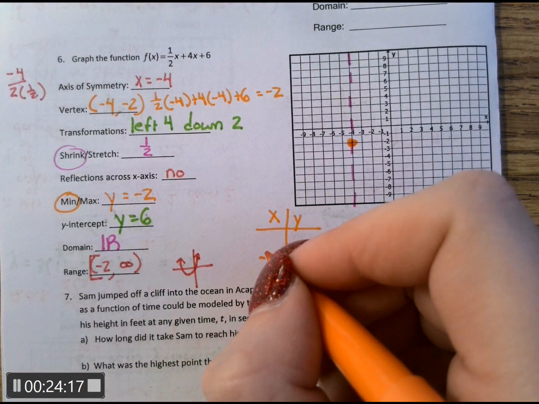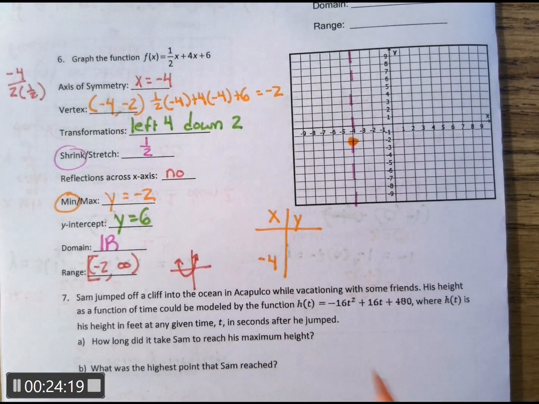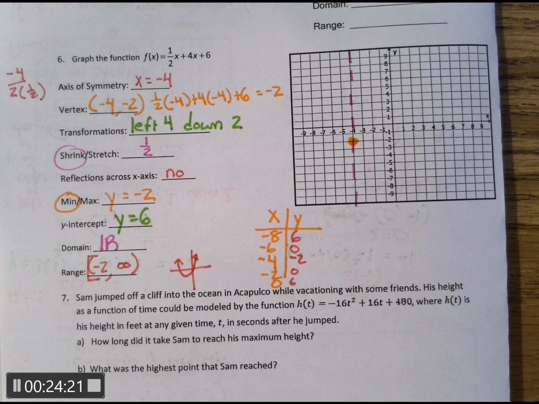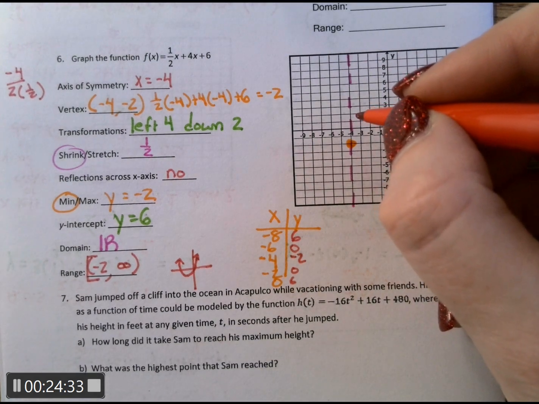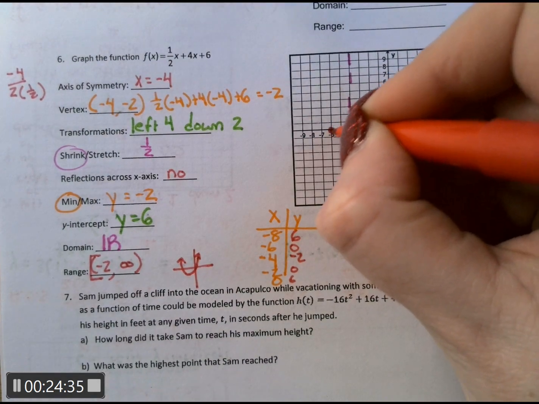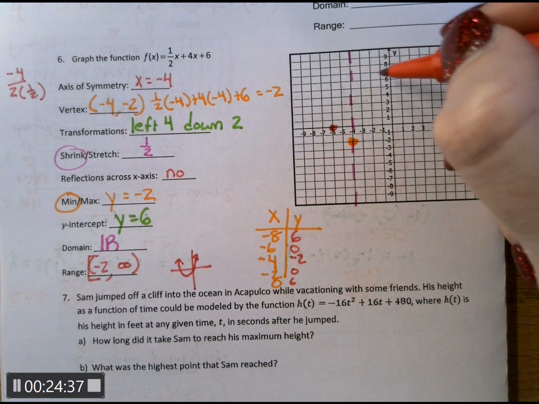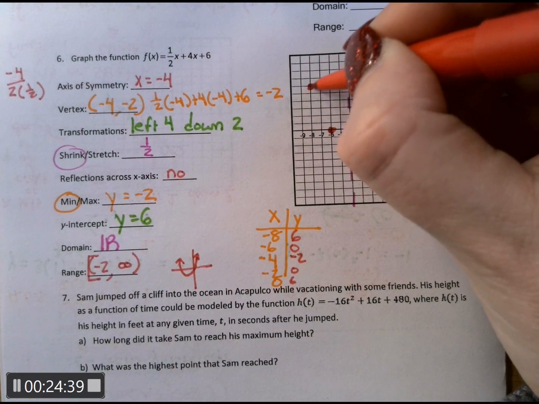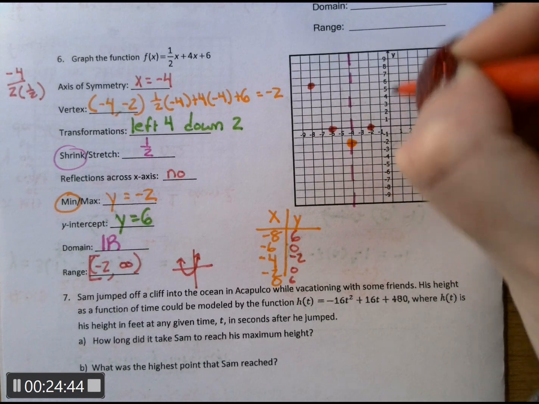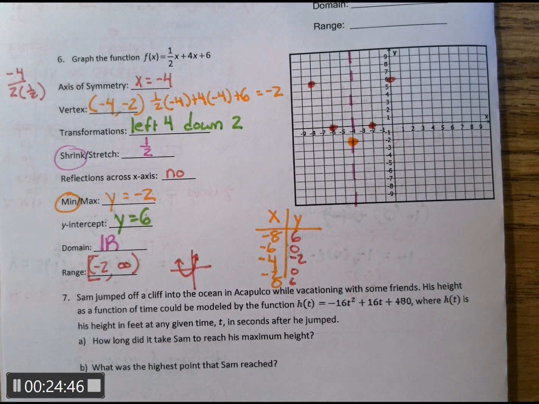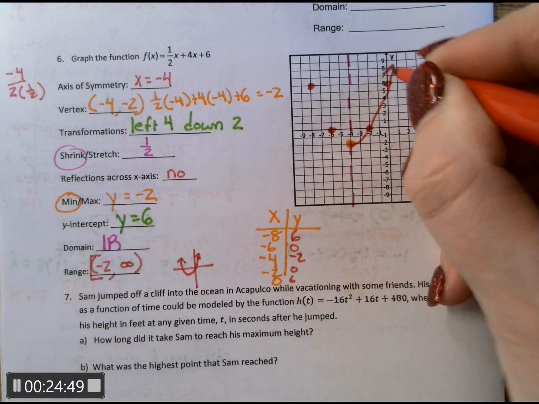Alright, I kind of cheated and went ahead and did it really quickly and used the pretty numbers, okay? So I have at negative 6, 0, and negative 8, 6, and then that would mean that negative 2, 0, and 0, 6. And then you can connect your dots.